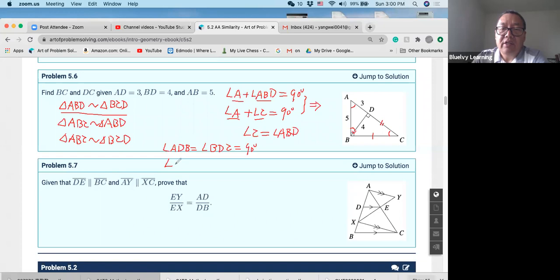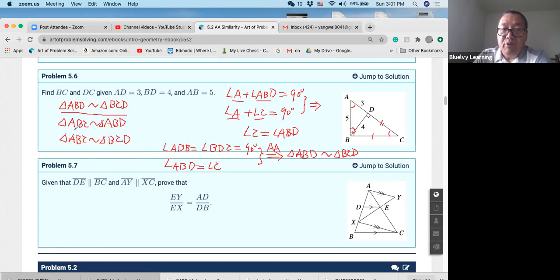Then another angle is angle ABD equals angle C. You combine these two conditions together, use AA similarity, then we can get triangle ABD similar with triangle BCD. Okay, we can get this one similar with this, right?